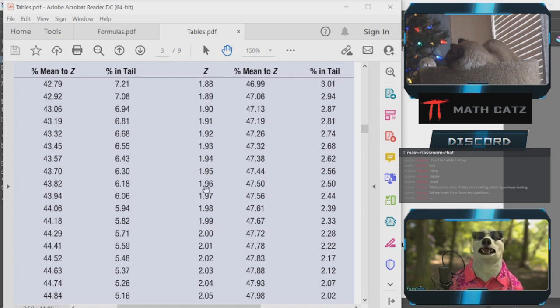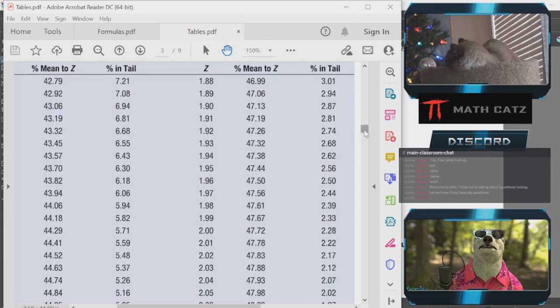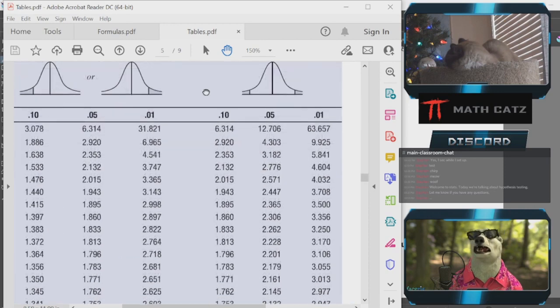So past 100, the t-distribution and the normal distribution are the same for a large enough sample size. I go back to the t-distribution, not that we need to. One more. Laptop is just a little angry if I do too much all at once. So we're down here, over there.